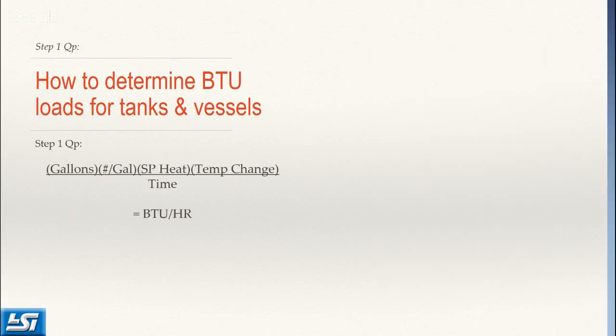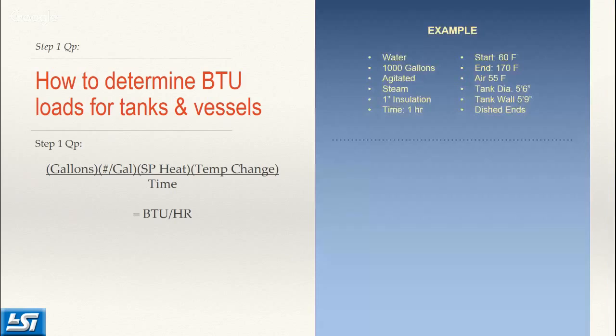So let's give you an example. You have water in a tank. It's 1,000 gallons. We're going to agitate that water or mix it. We're going to use steam as our media. We have 1 inch of insulation fully around the tank. We want all of our heat transfer to happen in 1 hour. Our starting temperature is 60 degrees.